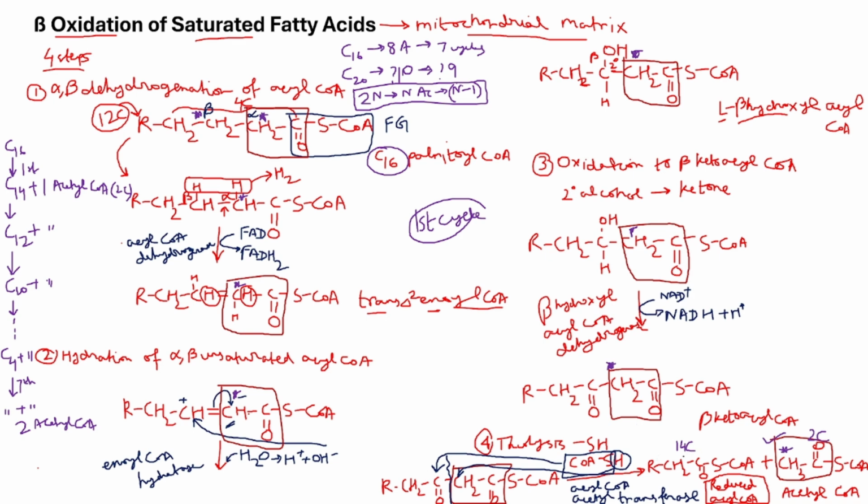So people sometimes ask in questions that if you radio label this carbon, where will you find it in the product? It will be in the leaving acetyl CoA molecule. Whereas if they ask about labeling this carbon atom, it will be in the remaining acetyl CoA molecule. So that's it for today's lesson.